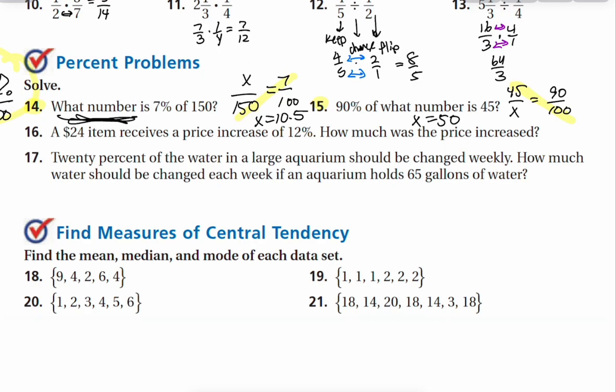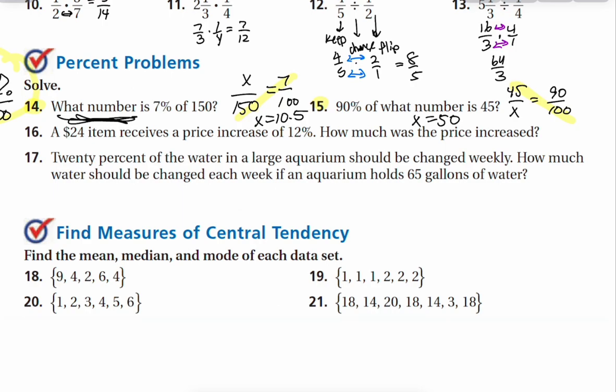Okay, let's take a look at 17 together. It says 20% of the water in a large aquarium should be changed weekly. Oh, I skipped 16. I'm sorry. Let's do 16. A $24 item receives a price increase of 12%. How much was the price increase? To calculate 12% of something, you're going to multiply by 12%.